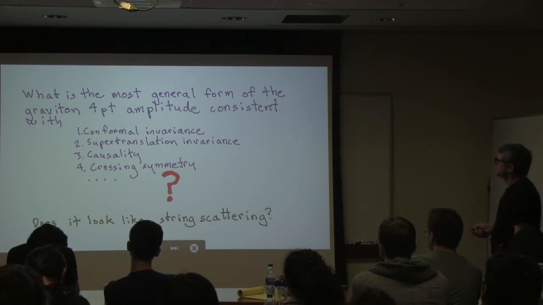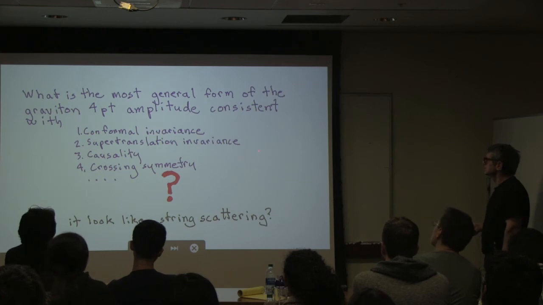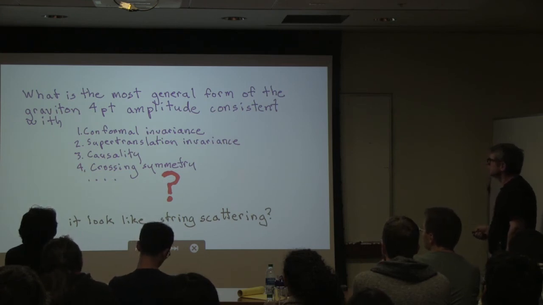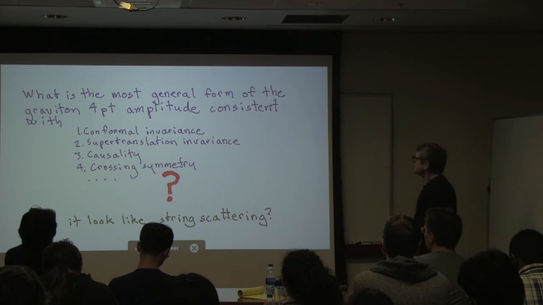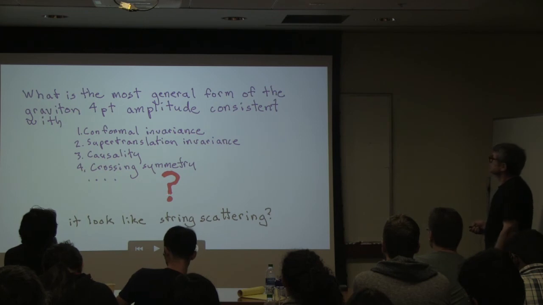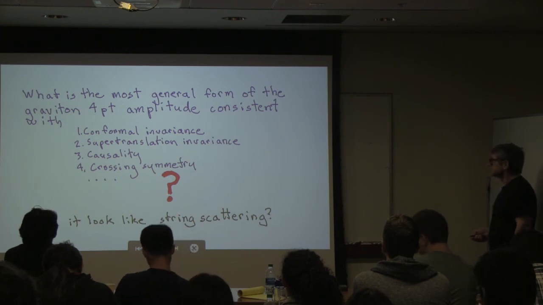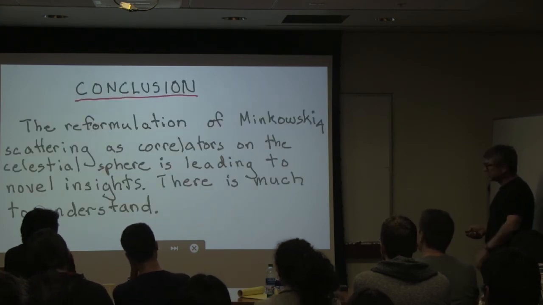As I said before, many people have been looking from different points of view and finding various things which constrain it, and perhaps we can put them all together and find the general 4-point amplitude consistent with all known symmetries, and perhaps it looks something like the expressions we get out of string theory. There's certainly been conjectures to that effect.